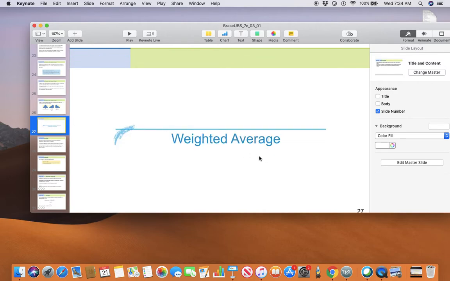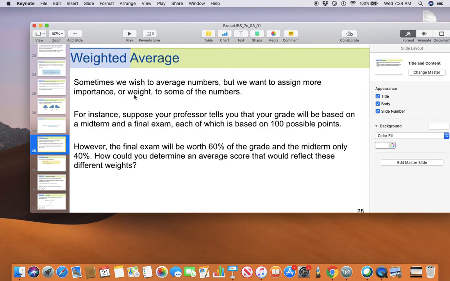Next, weighted average. Okay, this is something you're familiar with, I'm sure. When you look at your scores, there is so-called weighted average. What does that mean? Sometimes we wish to average numbers, but we want to assign more importance or weight to some of the numbers. For instance, suppose your professor tells you that your grade will be based on midterm and final exam, each of which is based on 100 possible points.